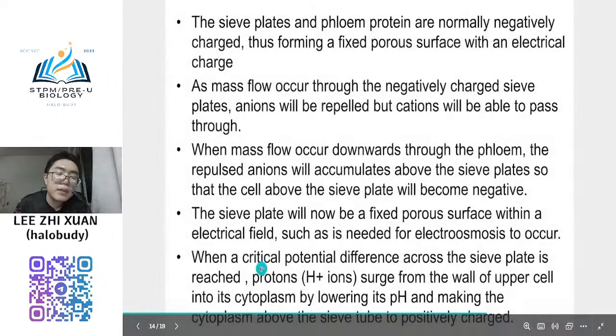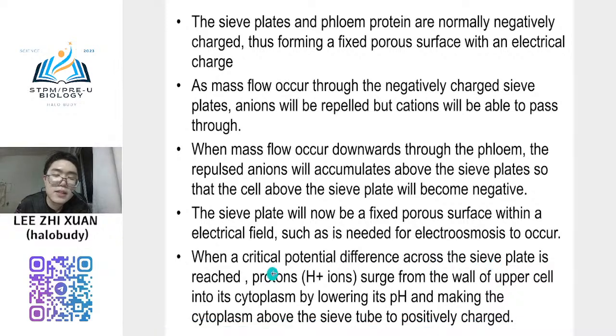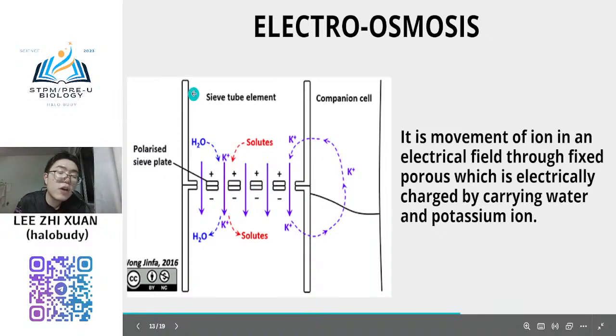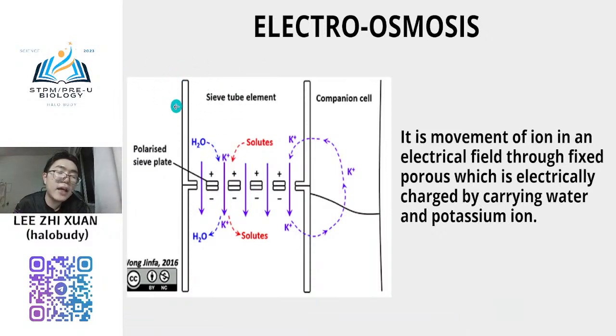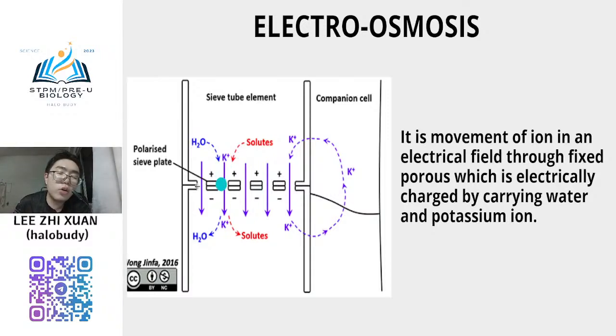Then when the critical potential difference across the sieve plate is reached, hydrogen ions from the wall of the upper cell will diffuse into the cytoplasm and lower the pH, making the area above the sieve tube element become positively charged.